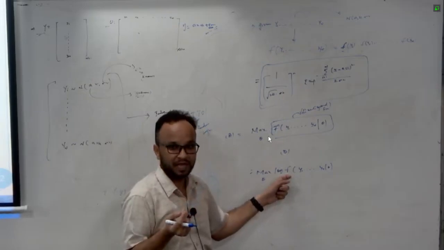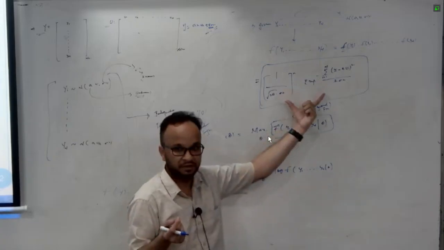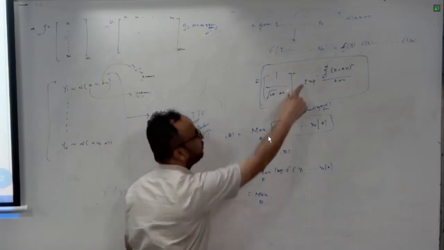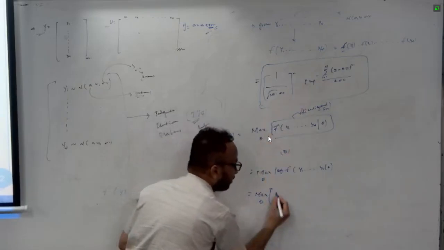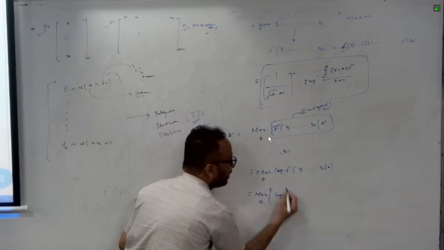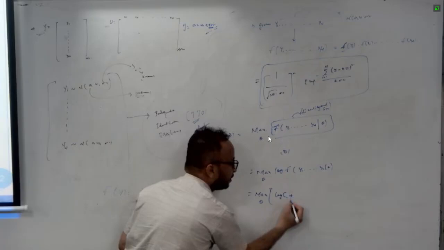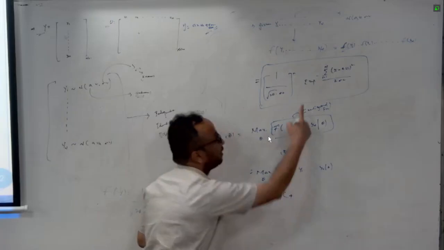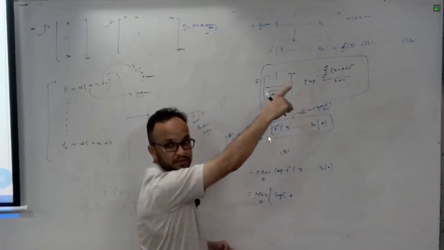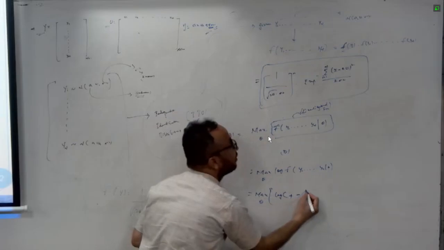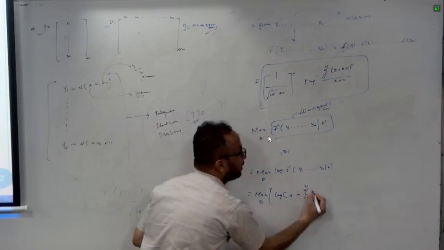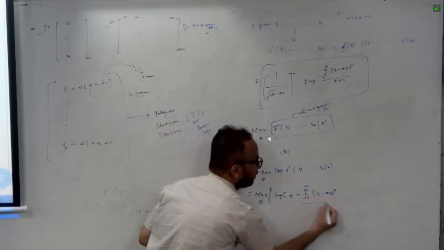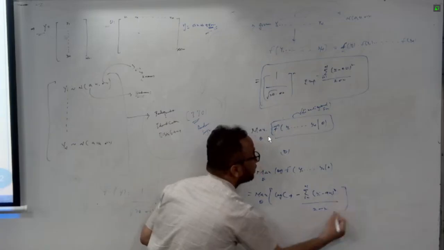Taking the log of this, sigma square is known, so you get the log of a constant plus the log of the exponential, which gives minus the summation from i equals 1 to n of (yi minus a ui) square by 2 sigma square. Fine?